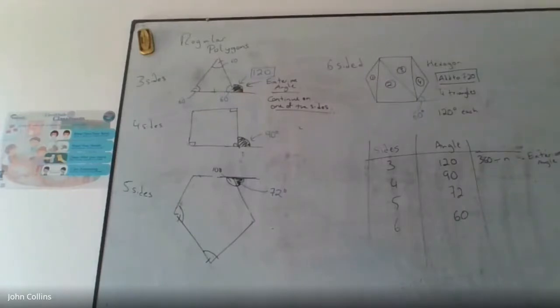Test it out. 360 divided by 5 is 72, 360 divided by 6 is 60.